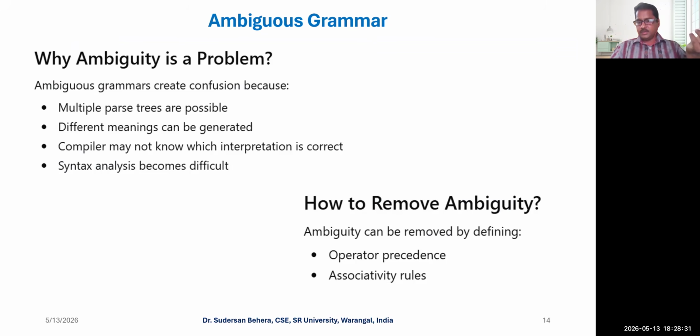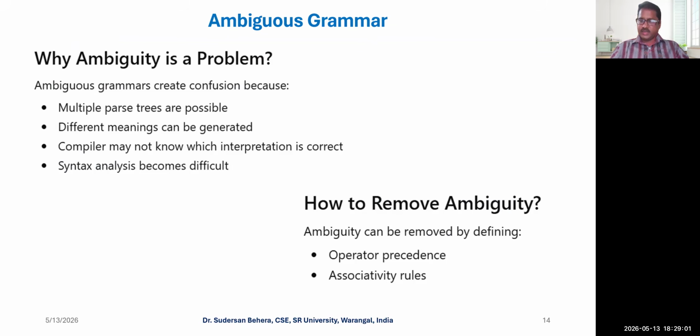You can say parser is of two types, as we just discussed last time. One is top-down parser, another one is bottom-up parser. So neither of the parsers accept this ambiguous grammar, because it creates confusion, it creates ambiguity within the parser. Ambiguous grammar creates confusion because it generates multiple parse trees for a single string.